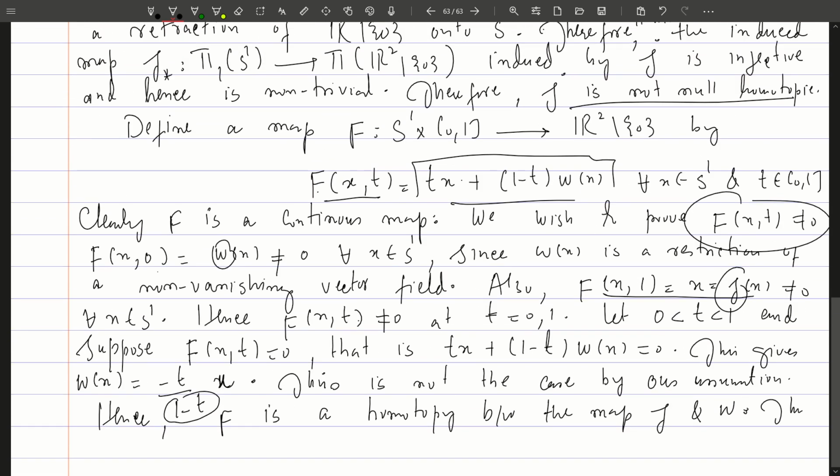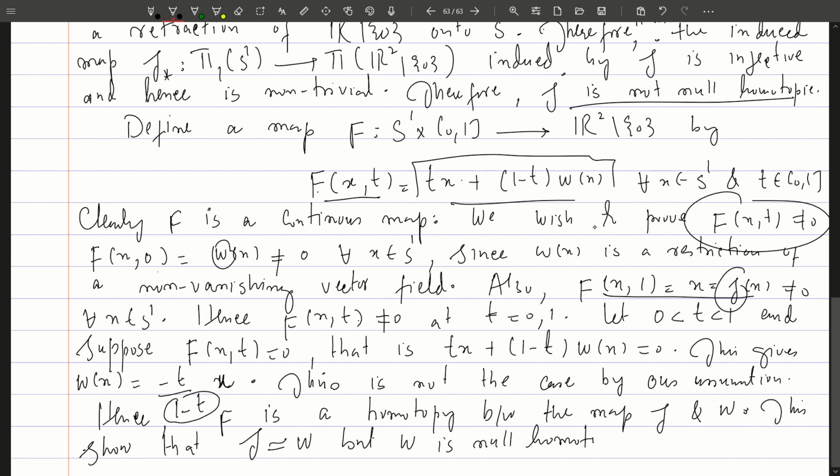So this shows that J is homotopic to W, but W is homotopic to a constant map. Hence by transitivity, J is homotopic to a constant map. In other words, J is null homotopic, but that is not the case.